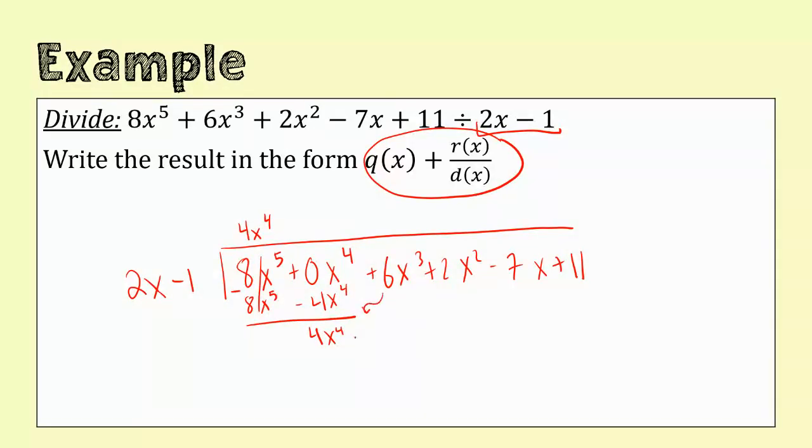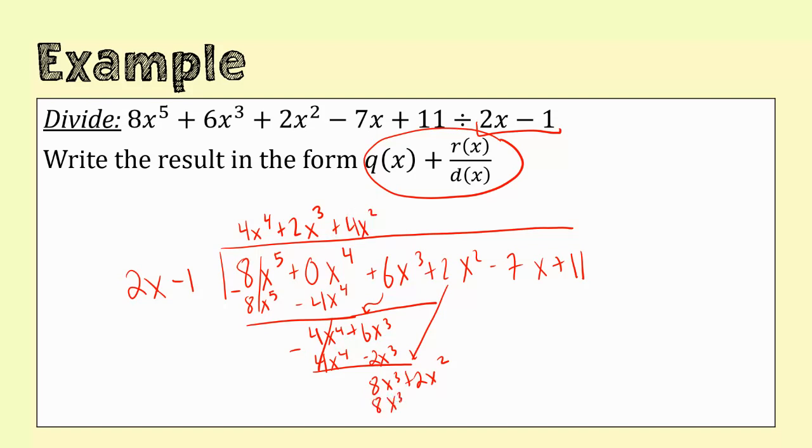And then I'll bring that down. 2x goes into that 2x to the 3rd times. That's 4x to the 4th minus 2x to the 3rd, subtract. 6 minus negative 2 gives me 8. And then I'll bring down that 2. 2x goes into that 4x squared times, which gives me 8x to the 3rd minus 4x squared, subtract.